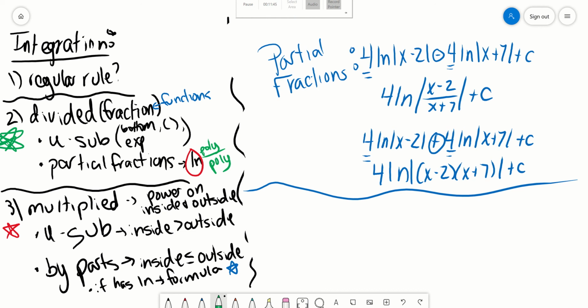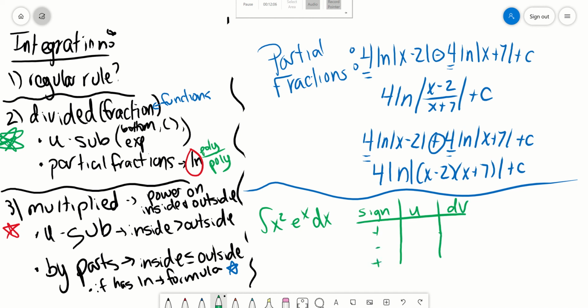Then lastly, I wanted to run through real quick another by parts one, just to remind you of the chart method with it. So remember, this one doesn't have an ln, so with your chart you do the sign, the u, and the dv. So the sign always starts positive and then alternates.